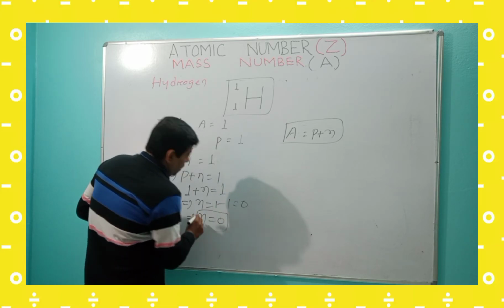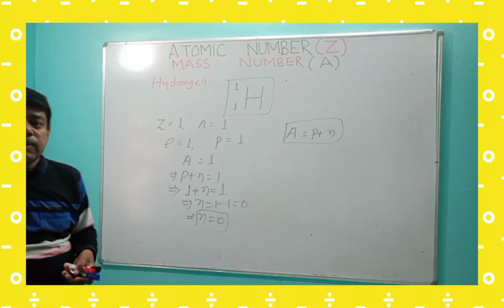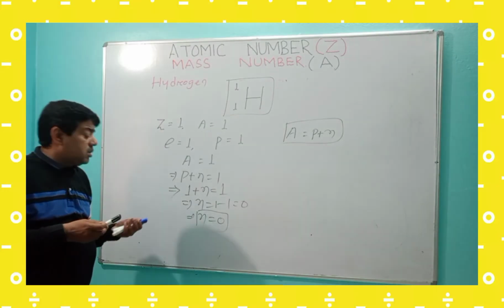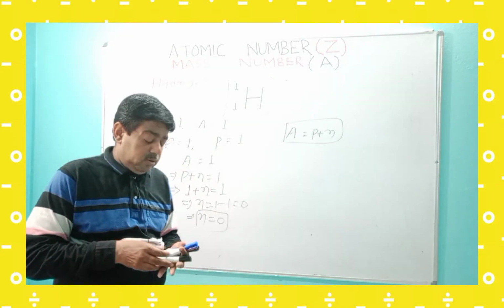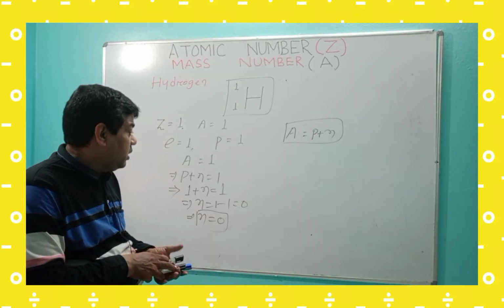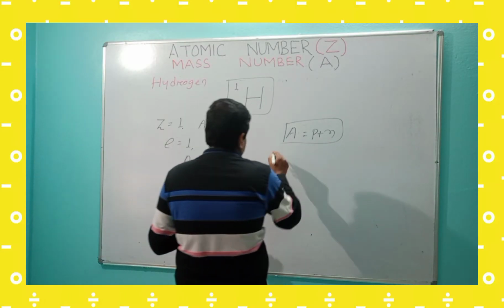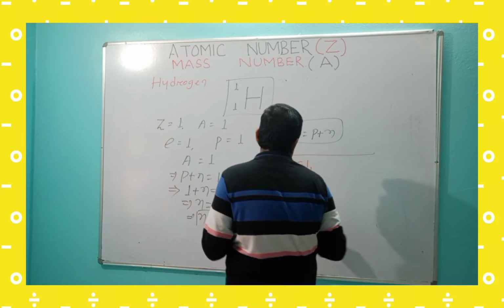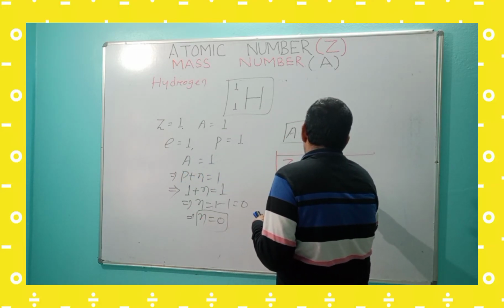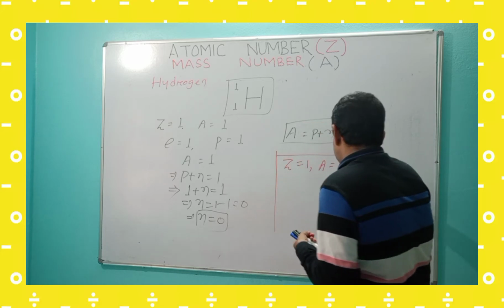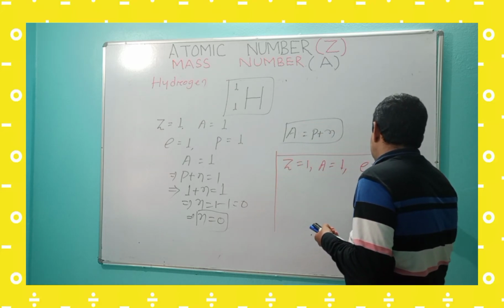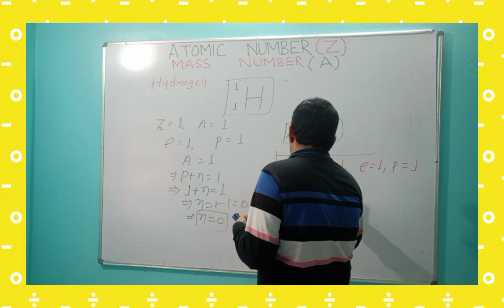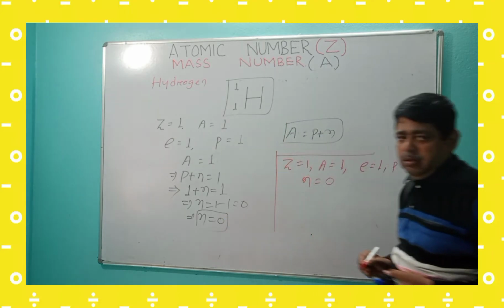So remember, how many neutrons does a hydrogen atom have? A hydrogen atom has 0 neutrons, meaning no neutron. So from this it is clear that the atomic number is 1, mass number is 1, number of electrons is 1, number of protons is also 1, and number of neutrons is 0.